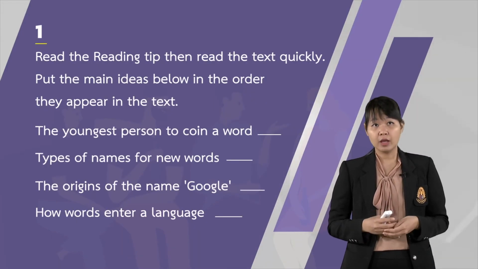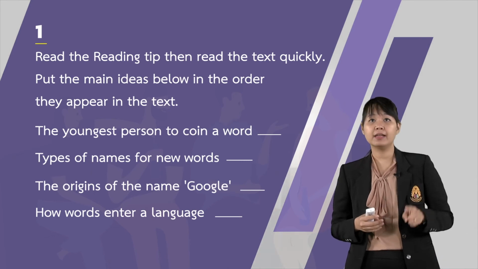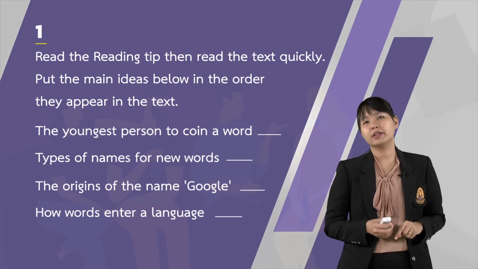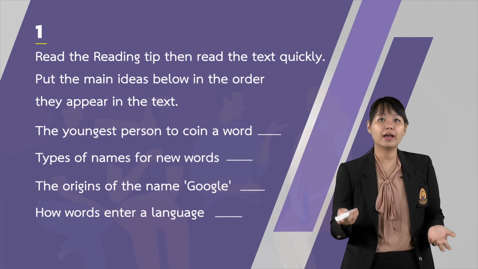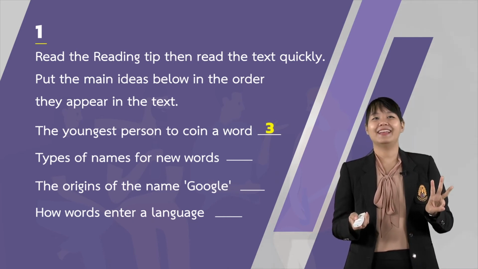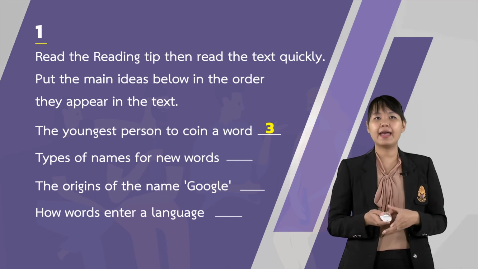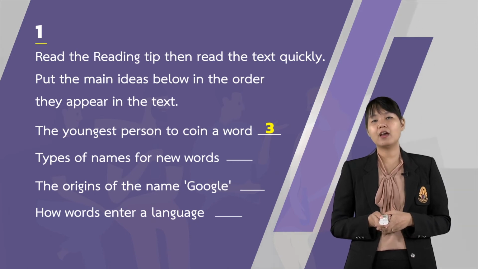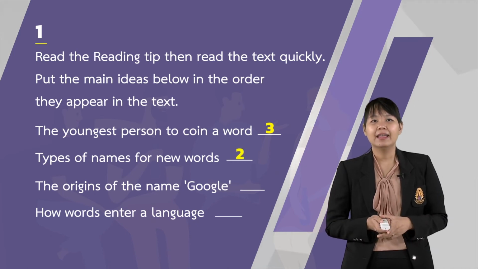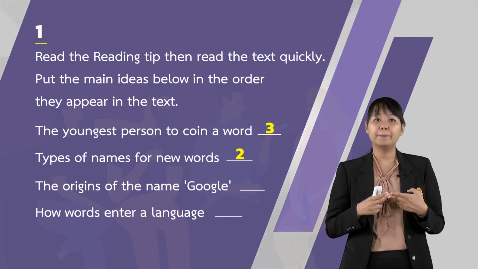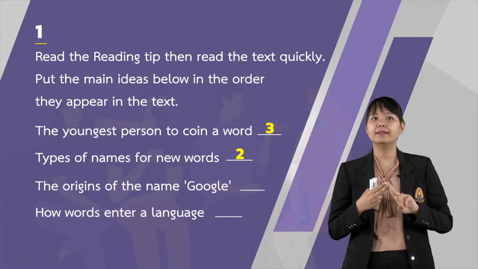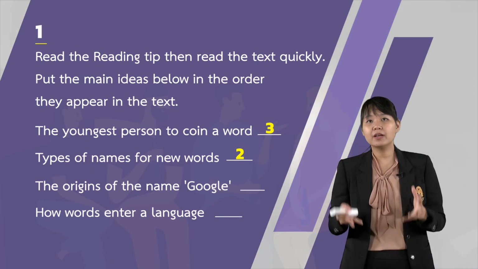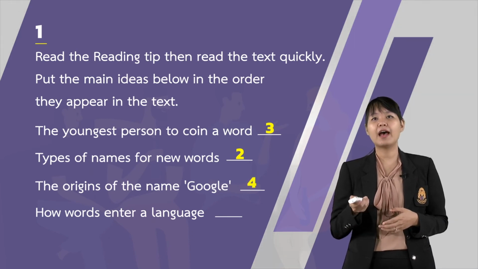After we have found the main idea of each paragraph, let's check if you got the right answers. The youngest person to coin a word is in paragraph 3. Types of names for new words are in paragraph 2: eponymous and toponymous, two types of names. The origin of the name Google is in paragraph 4.